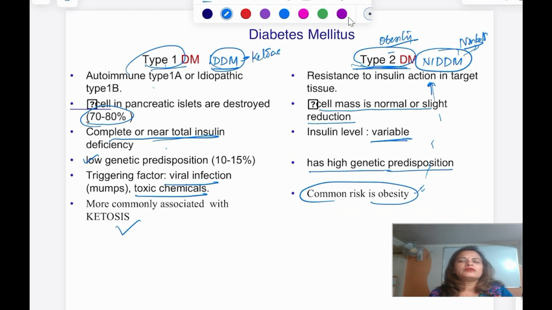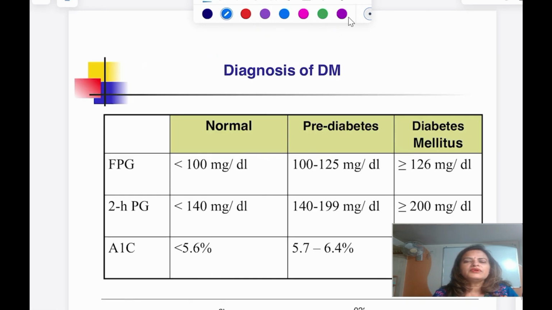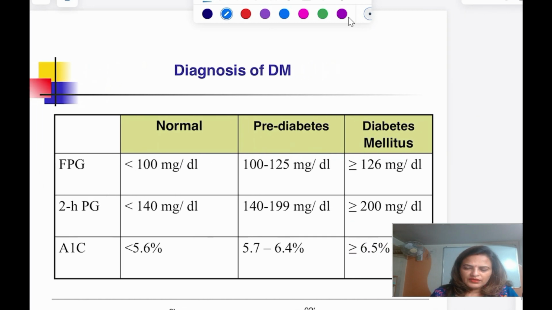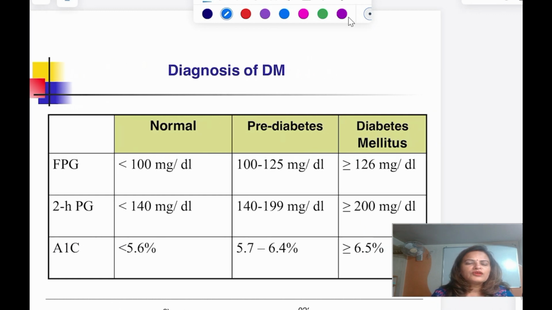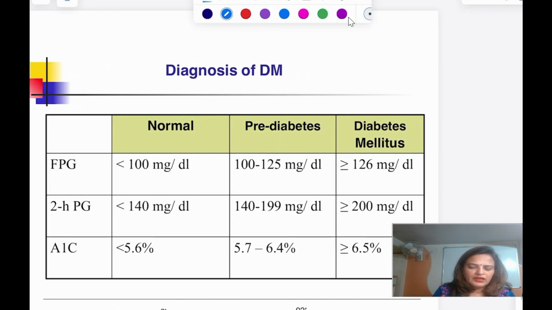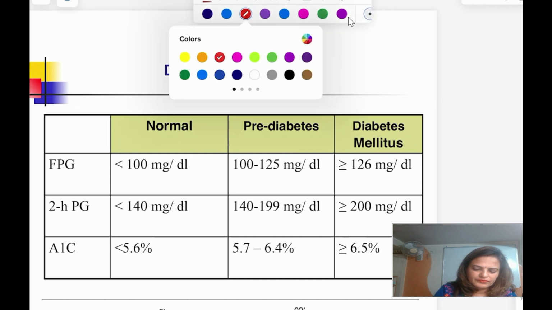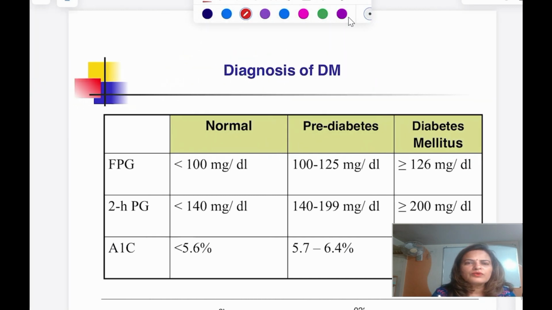Now, how to diagnose it and how to treat it. How to diagnose the diabetes mellitus? You can see here the normal values: this is the fasting blood glucose level, this is the postprandial two-hour glucose level, and this is the glycosylated hemoglobin, HbA1c.